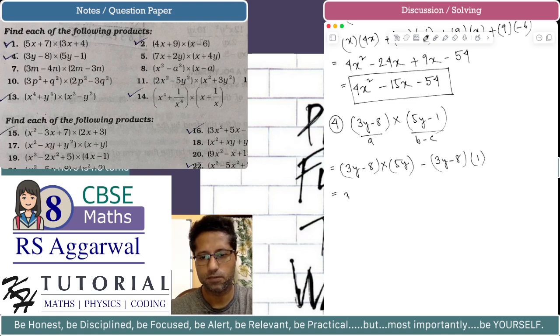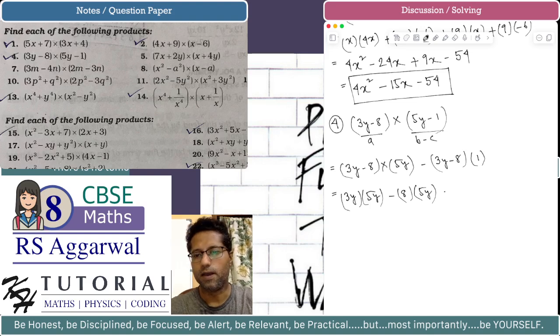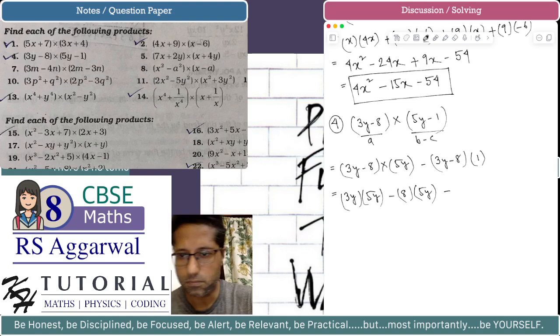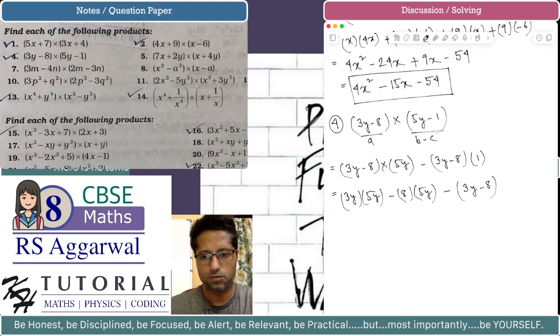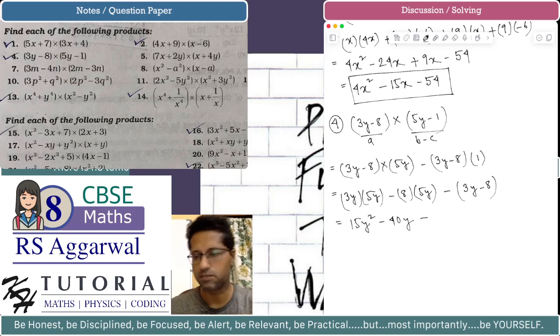So this is 3y multiplied by 5y and minus 8 multiplied by 5y, and we have minus of 3y minus 8. So this is equal to 15y square minus 40y, and if you open the bracket of the last expression, it will be minus 3y and plus 8.